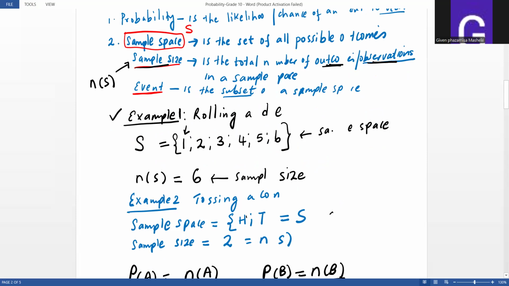Remember, we spoke about the sample space: when you roll a die, it can land on 1, 2, 3, 4, 5, or 6. But now, what if we want to represent this in terms of probabilities, ladies and gentlemen?